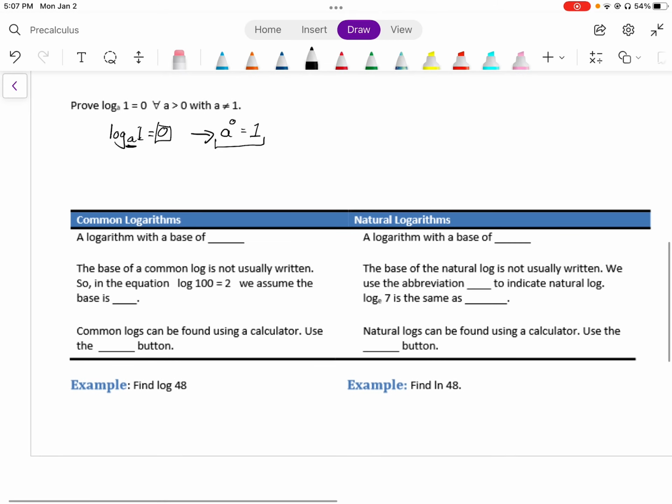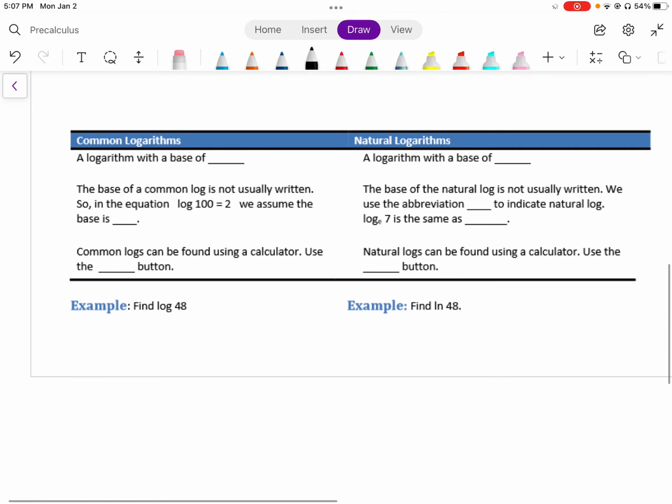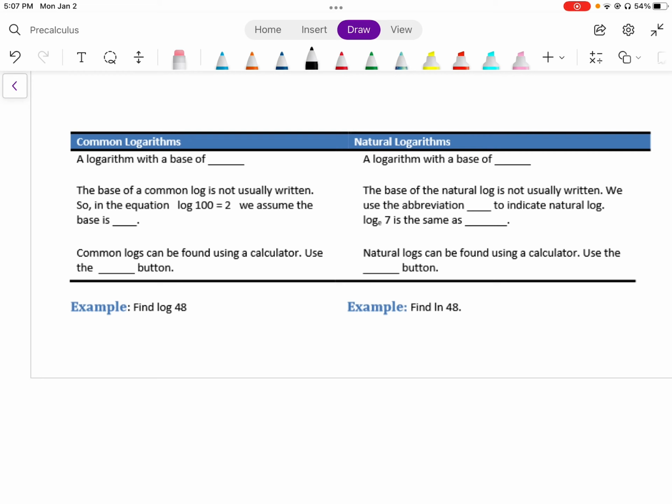Now there are two types of logarithms that show up often, and so we're going to talk about those. First, we say the common logarithm, a logarithm with a base of 10. We use a base 10 in our math system. We have 10 digits, 0 through 9. So that's very common. The base of a common log is not usually written.